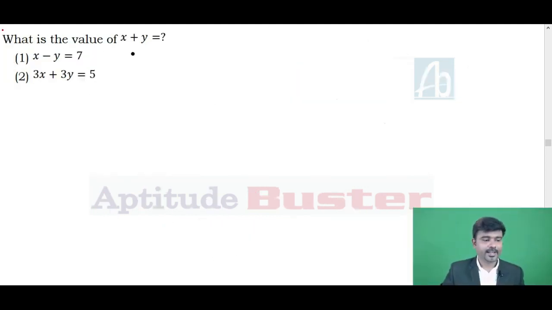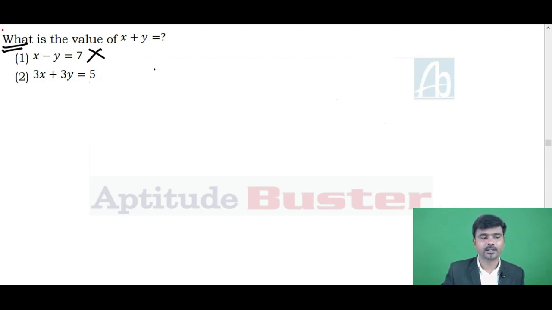Question: what's the value of x plus y? First statement: x minus y is equal to 7. Second statement: 3x plus 3y is equal to 5. Here the question type is WH. Can you find the value of x plus y using the first statement? No. Using the second statement, 3x plus 3y is equal to 5, can you find the x plus y value?